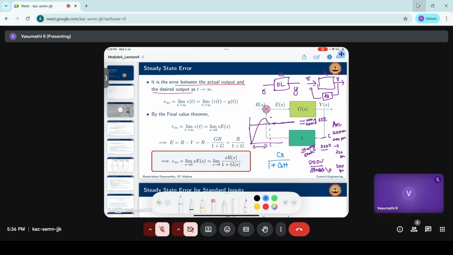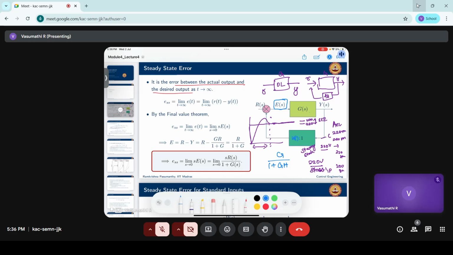So far, when dealing with a closed loop system, we won't be speaking about E(s); we deal with G(s), R(s) and Y(s), sometimes H(s). Since we are considering a unity feedback system, H(s) will always be 1 here.